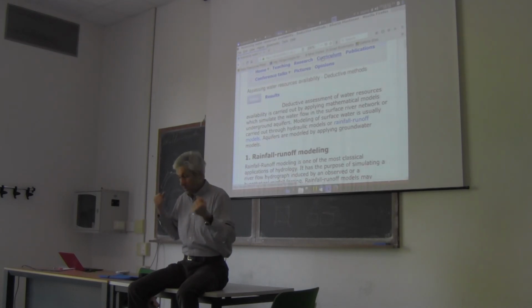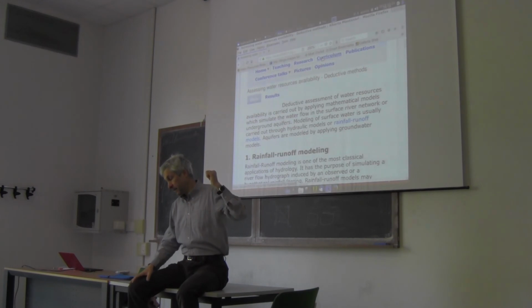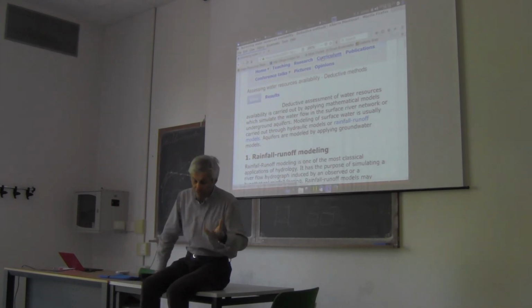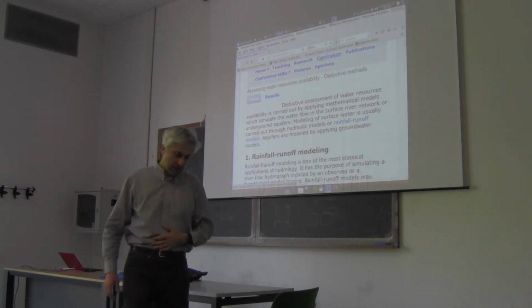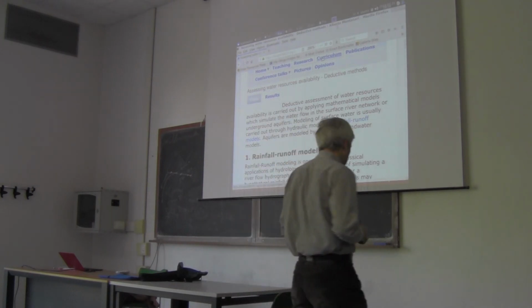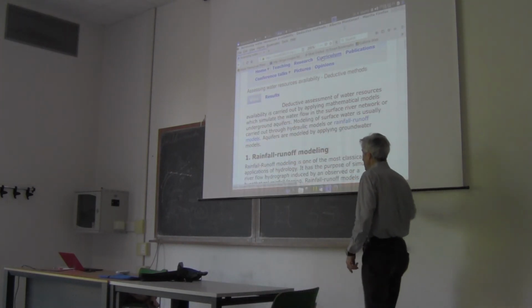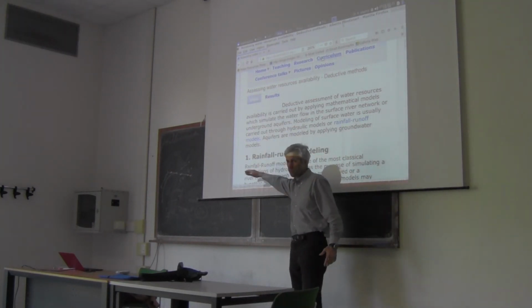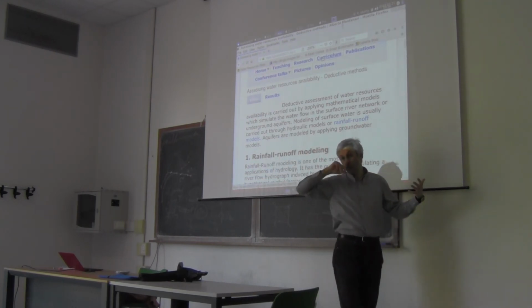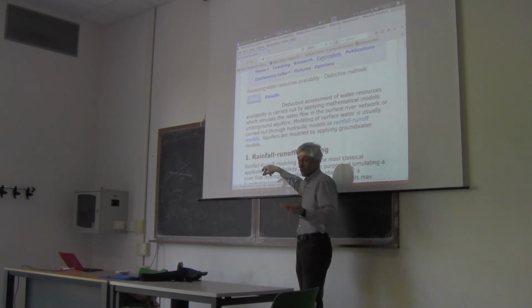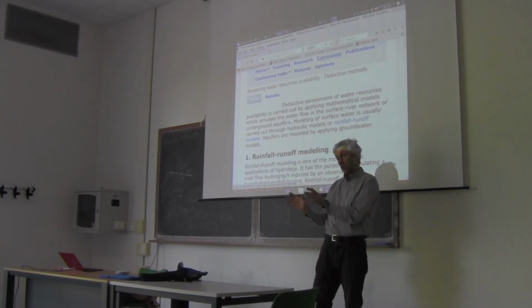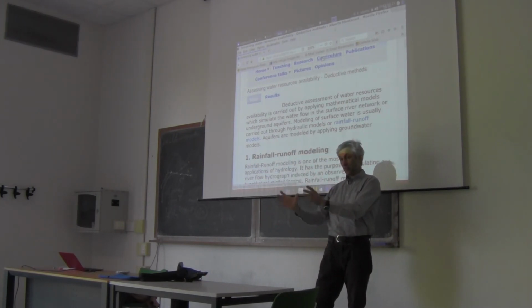Okay, so deductive methods use a good piece of information, which is our understanding, our theoretical knowledge. And typically, these deductive methods use models, and you see here that the first paragraph of my webpage is rainfall runoff modeling. Rainfall runoff modeling means that I start from the observation of rainfall to estimate runoff, instead of looking directly at runoff data.